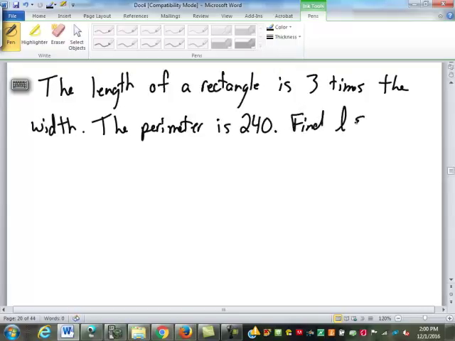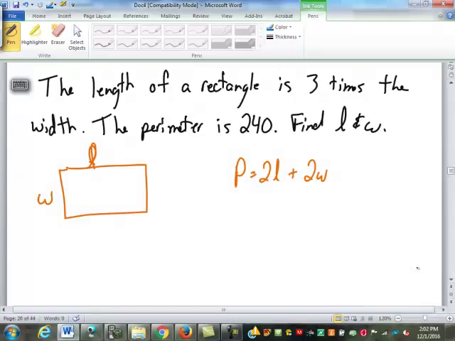Find the length and the width. Try that one in your notes. We'll come back to that one in a minute. So where'd you start? Length is 3 times the width, right? So L is 3W.